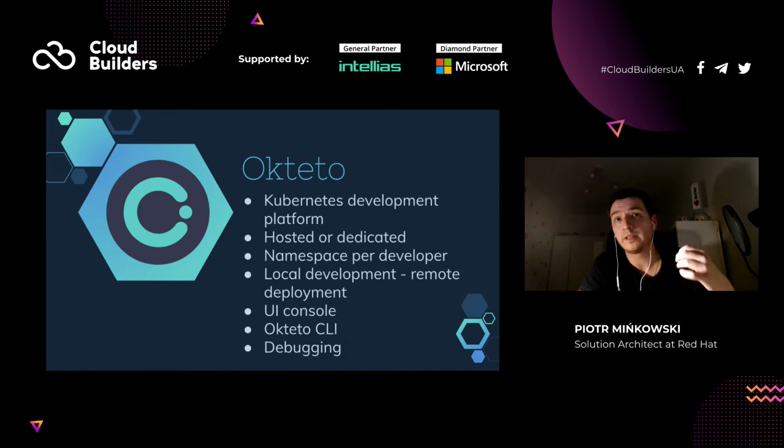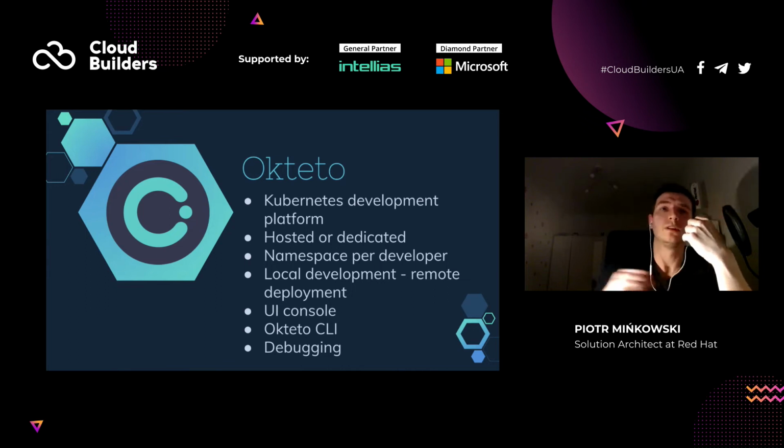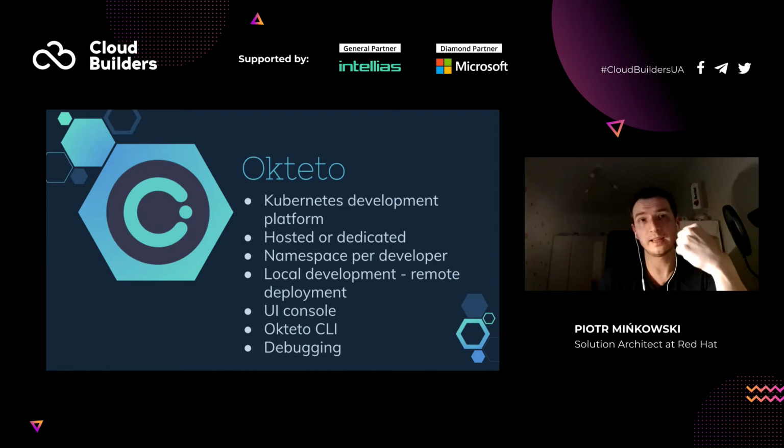But what is exactly Okteto? I'll describe the hosted solution. So you as a developer, after login, receive an individual secure namespace on Kubernetes. And you can easily manage it using the Okteto UI web console.